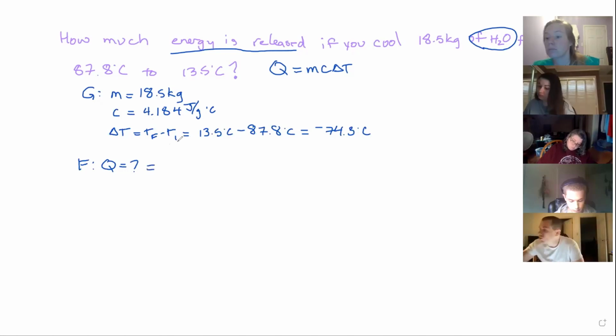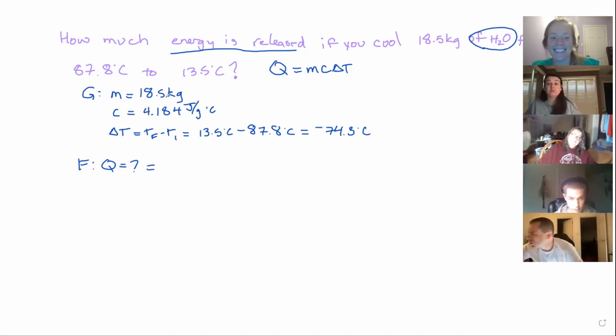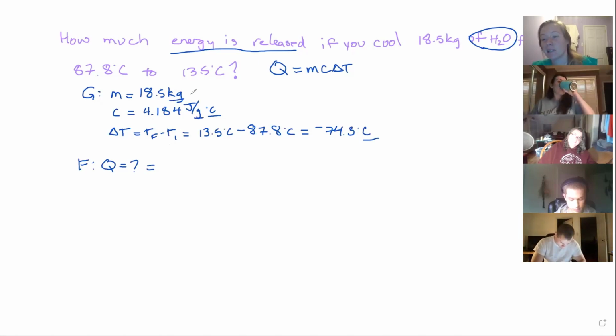Well, hold on, pause. Let's check our units and make sure everything's good. This is in Celsius, this is in Celsius, this is in gram, this is in kilogram. Let's convert kilograms into grams before we put it into the equation. Remember, King Henry died before drinking chocolate milk. We're starting at a kilogram. We want to go to the base unit of a gram. So we move the decimal over 1, 2, 3 hops to the right.